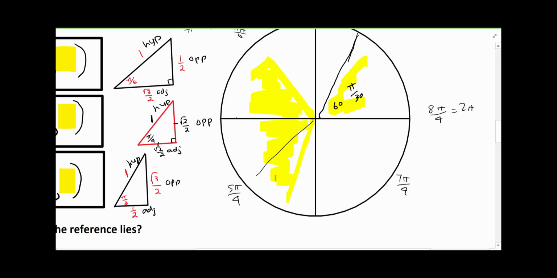There's going to be 1 here. Right? So if we're talking about pi thirds, 6 pi thirds is the same thing as 2 pi, right? So this is 1 pi thirds. Right here would be 2 pi thirds. Well, this would be 3 pi thirds, same as pi.